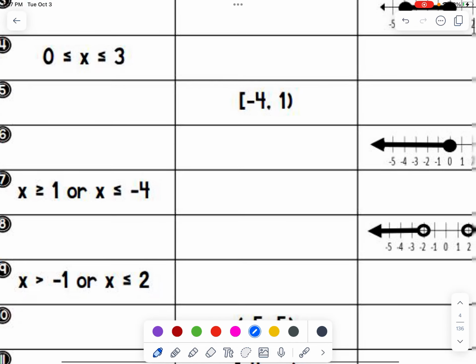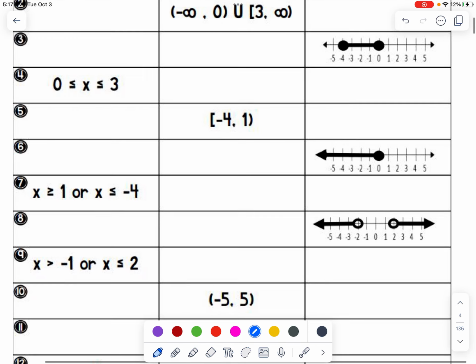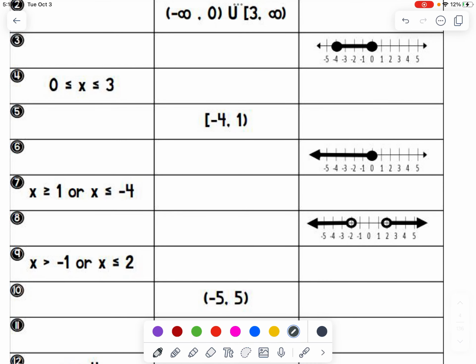First thing I want to do is make my number line. So I'm going to come over here, I'm going to go like this, make this guy. All right, so I have x is greater than 1, x is less than -4. So I've got -4 down here, I've got 1 up here, and we're going to space it out.